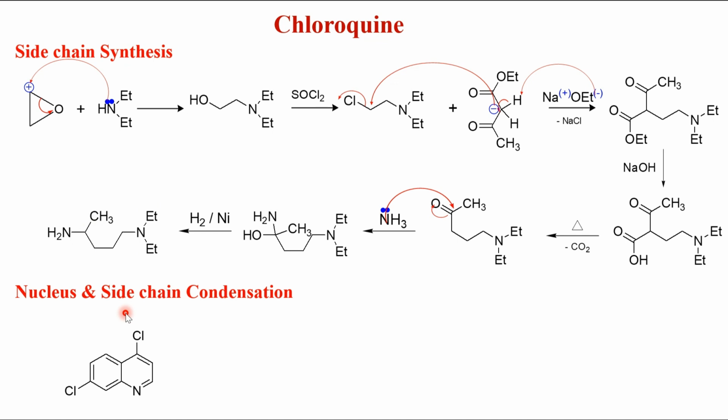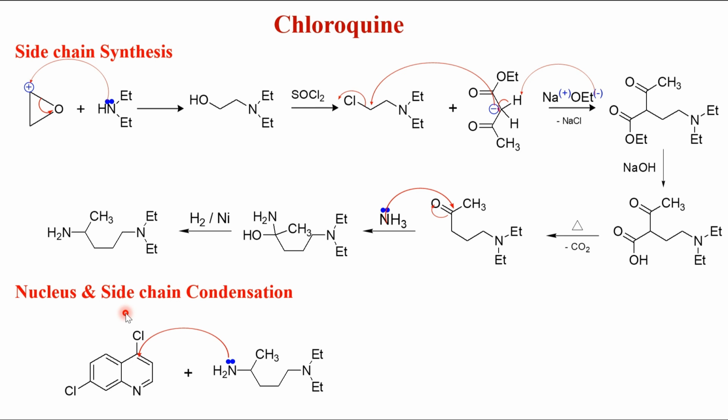We take the formed nucleus, that is 4,7-dichloroquinoline, and treat with 2-aminopentyl diethylamine. This amino group, the nitrogen being in sp3 hybrid form, has a lone pair of electrons.